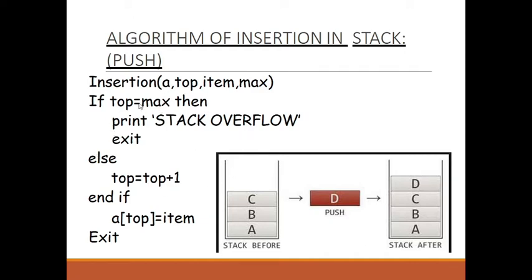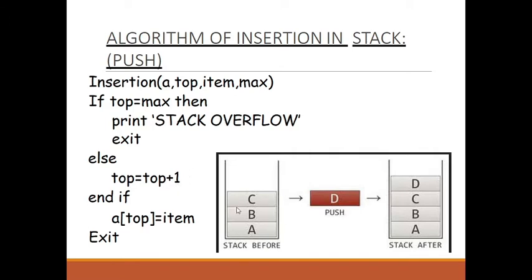Now, if it has not reached the maximum number of our stack, that's the time that we'll add top plus 1. For instance, if top is 5, then plus 1, we'll be adding the data at 6.